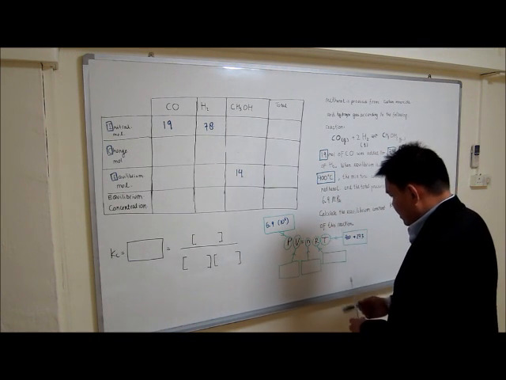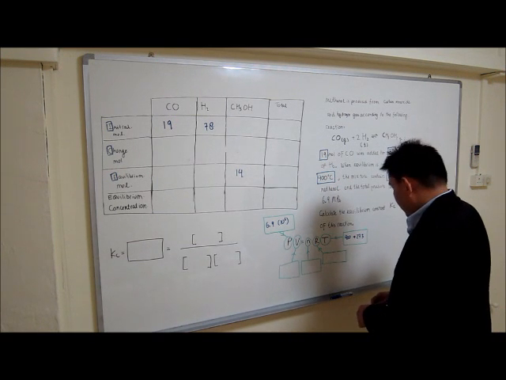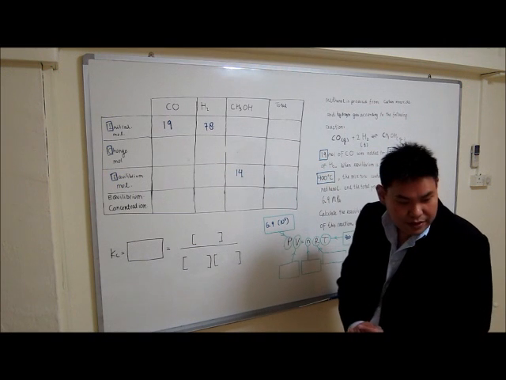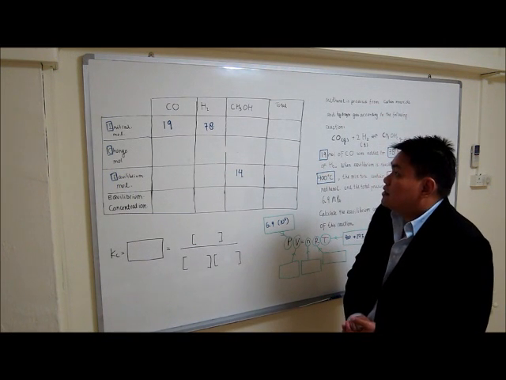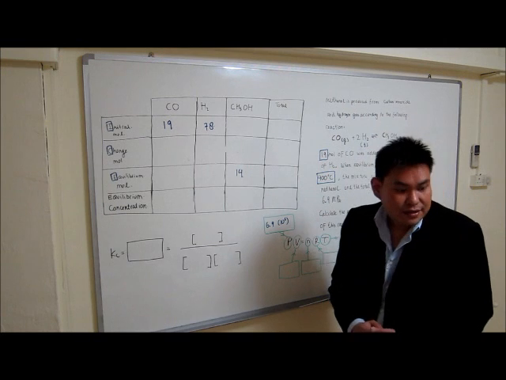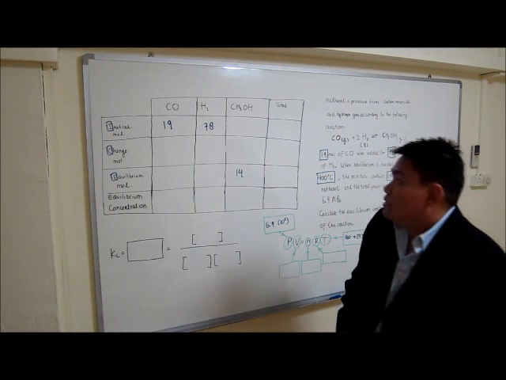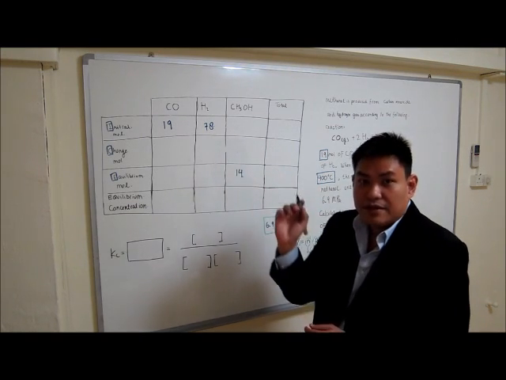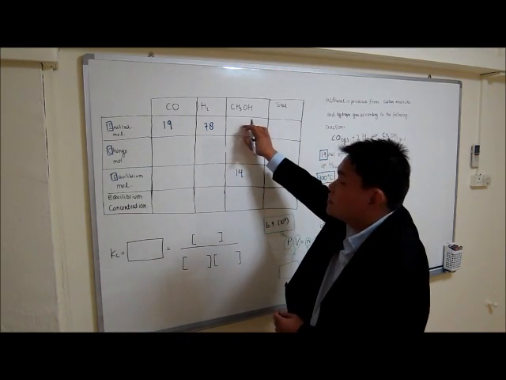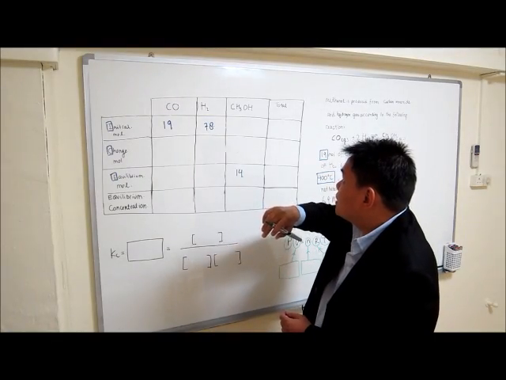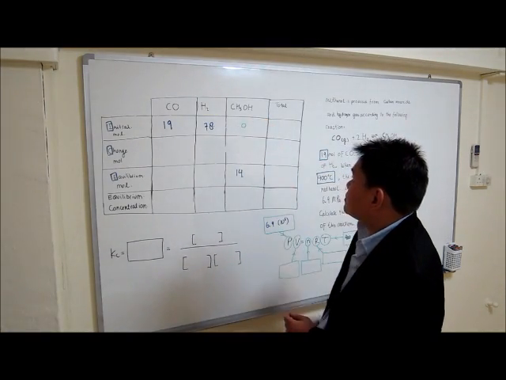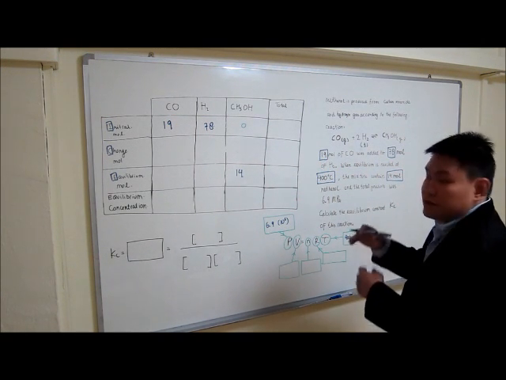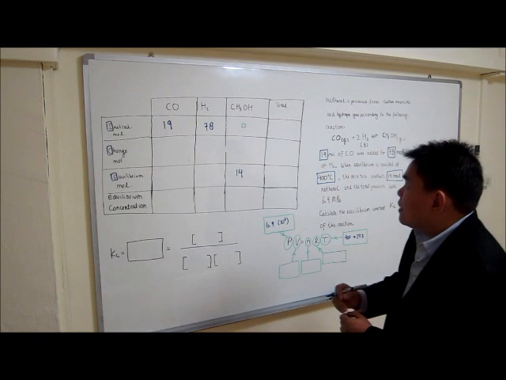So we need to slowly process the information one by one. The easiest way to start is by filling up the ICE table. The information given is in blue color, so I'm using a green marker to do the working. Initially, you don't have CH3OH, so you put 0 there.